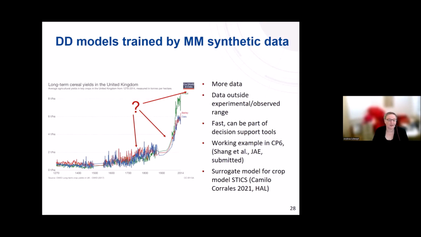They can then be part of decision support tools, for example in robotic applications. Working examples exist within PhenoRob, for example in the group of Thomas Heckeley, and outside of PhenoRob, also for surrogate models, for example for crop models. So next, please.